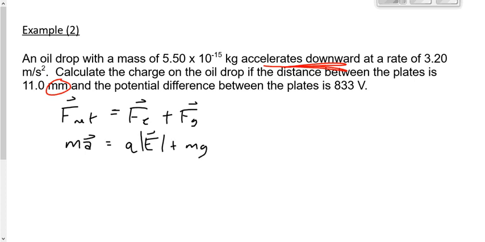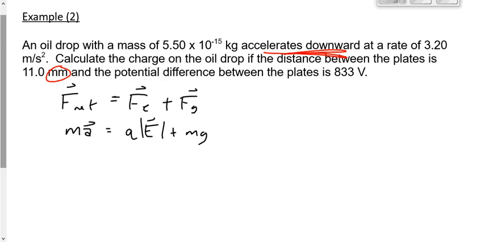Let's start subbing some numbers in here. My mass is 5.50 times 10 to the negative 15. My acceleration is, anyone? Negative 3.2 because it's accelerating downward. Q, that's what we're looking for.